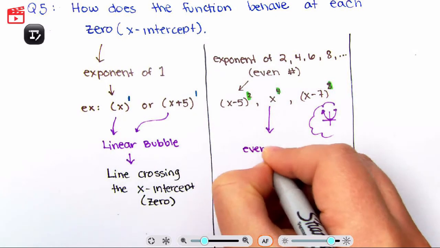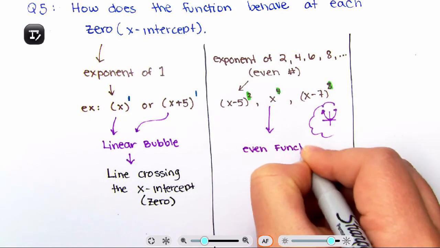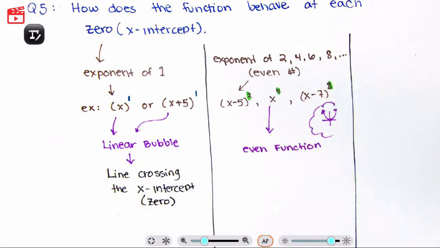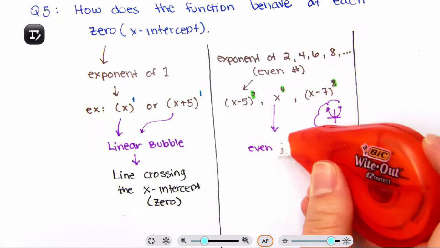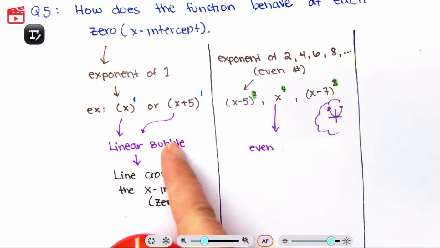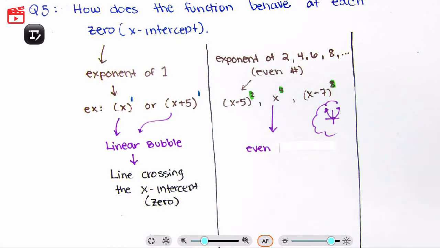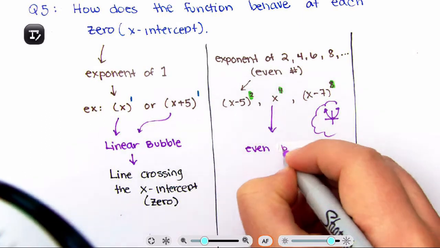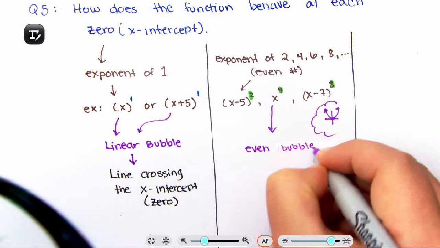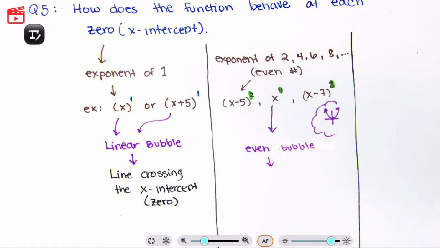So we have an even function, or even, let's not call it function, let's say even bubble. Since I'm using bubble here, I want to stay consistent. We have an even bubble. So what you're going to have is a parabola looking shape.